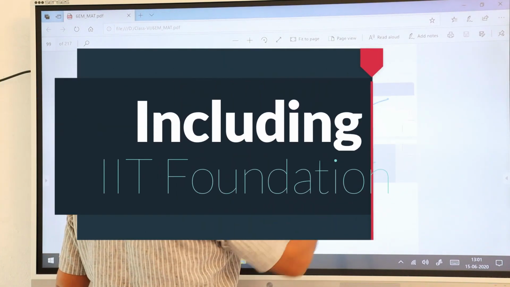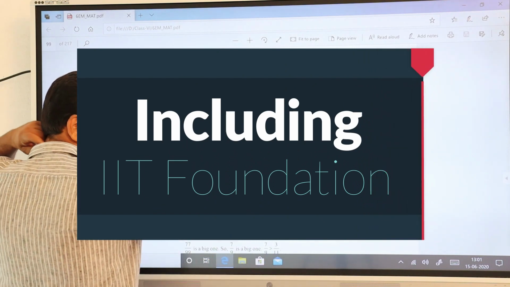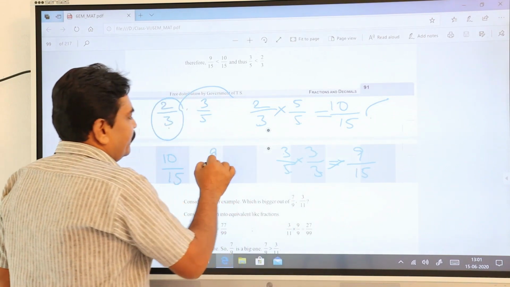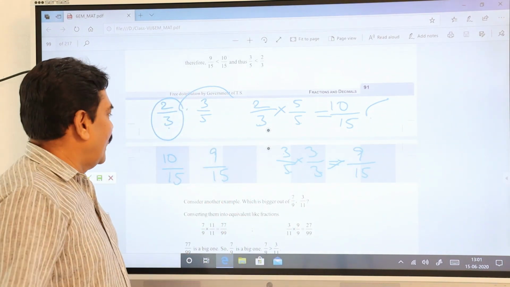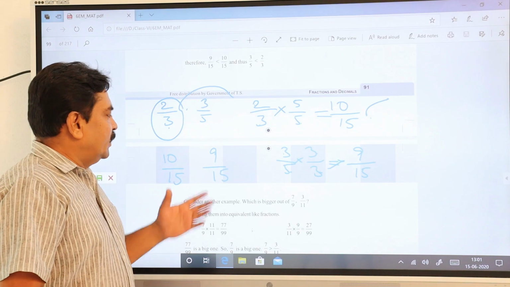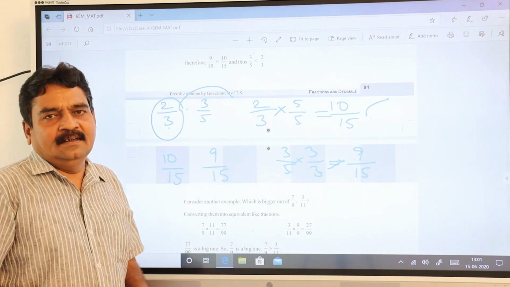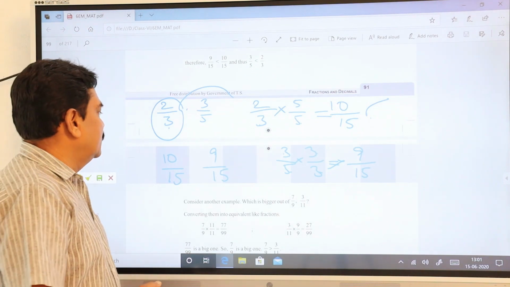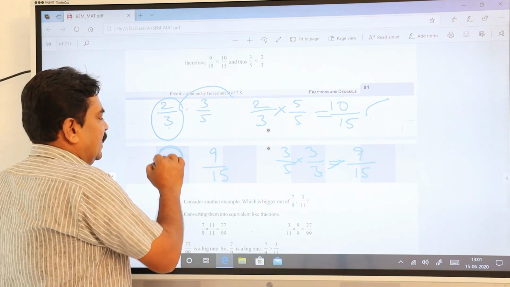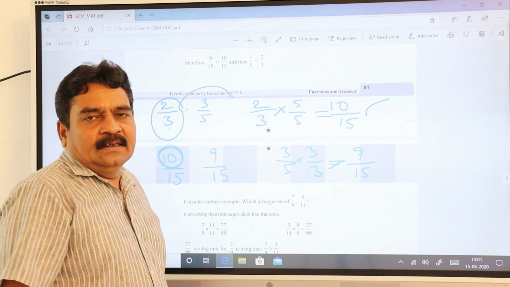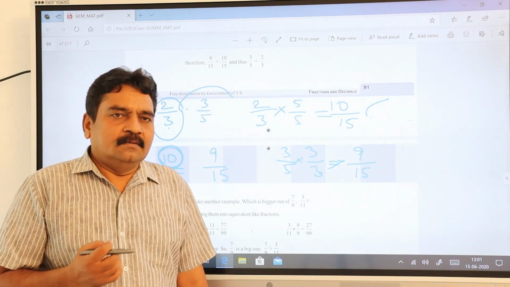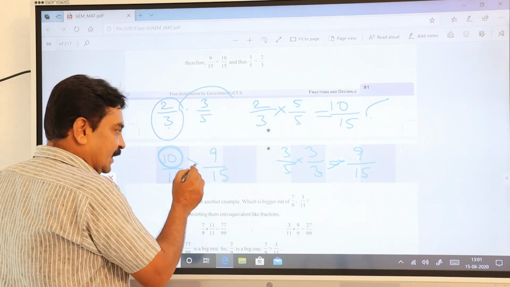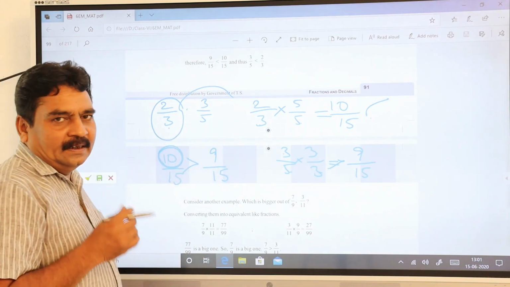So you got two values. For 2 by 3, you got 10 by 15, and for 3 by 5, you got 9 by 15. Now you can easily differentiate which fraction is greater. The greater fraction is the one which has the highest numerator value, that is 10 here. So 10 by 15 is greater than 9 by 15.